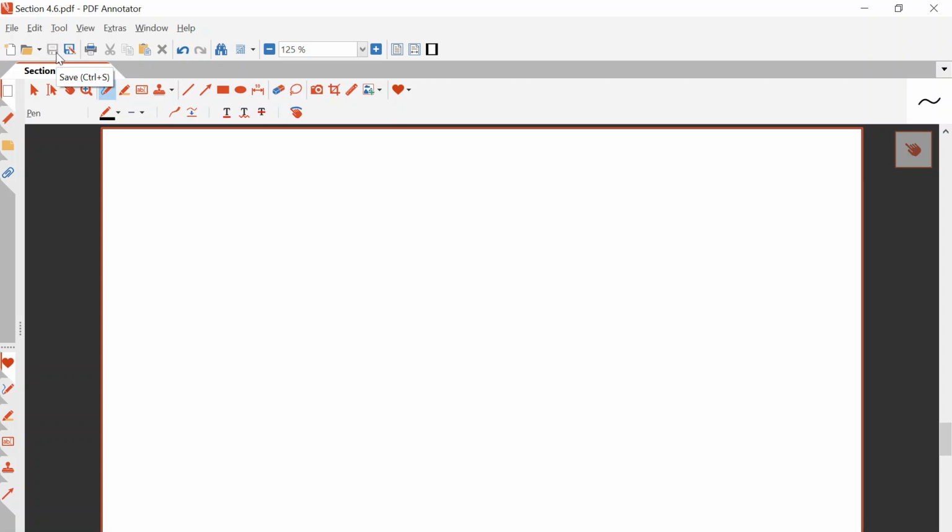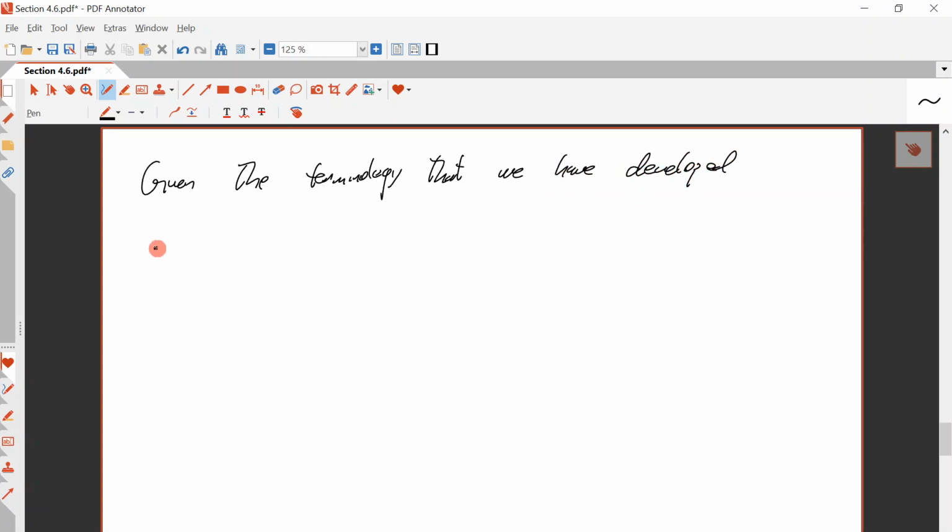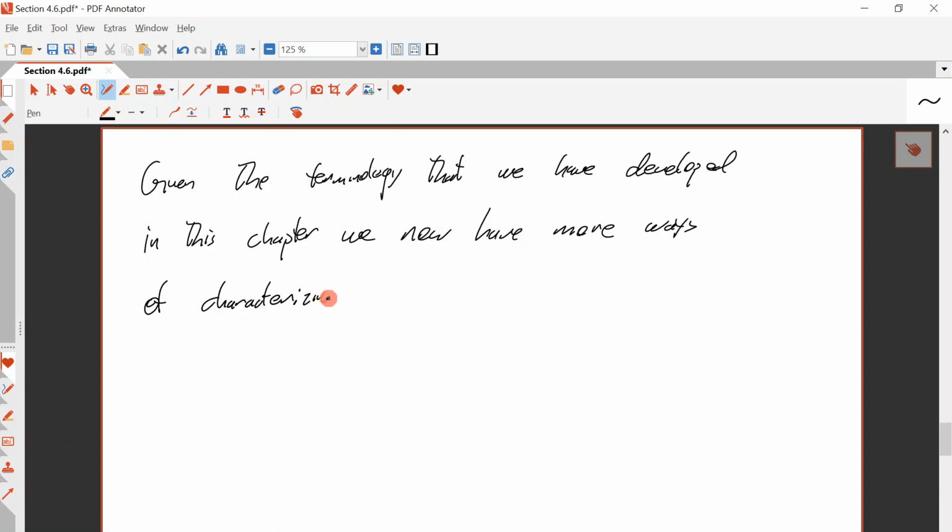Couple other things just to round out the section. Given the terminology that we have developed in this chapter, we now have more ways of characterizing when an n by n matrix A is invertible.